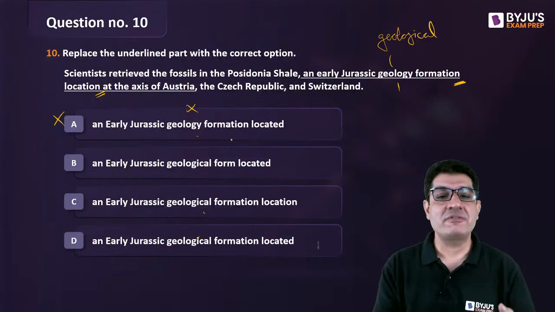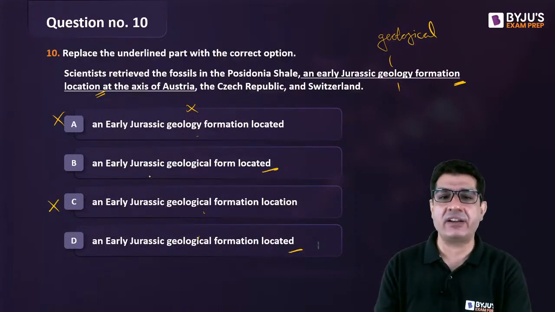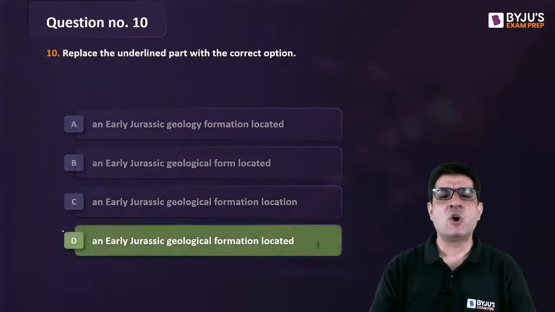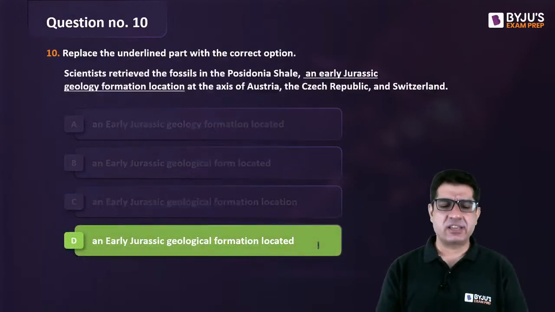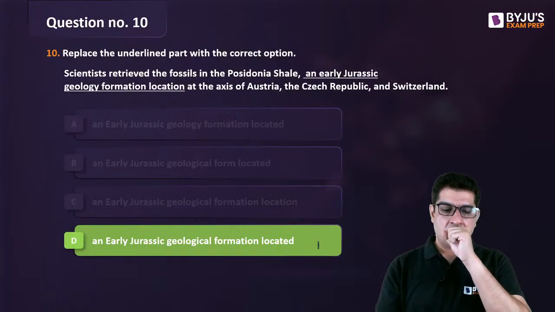So, you need to have located. And therefore, C is also ruled out. So, what is the difference between B and D? B may changes that formation into form which is wrong. So, our answer should be option D, which I think is something that a lot of us have gone on to choose.